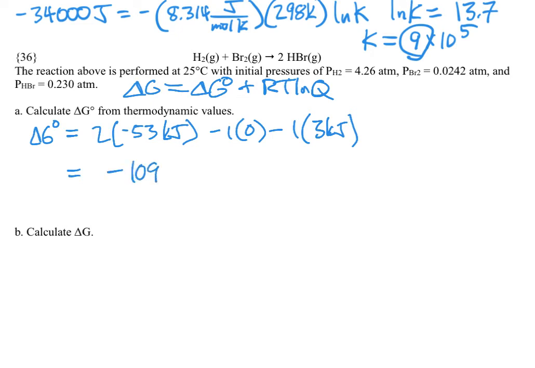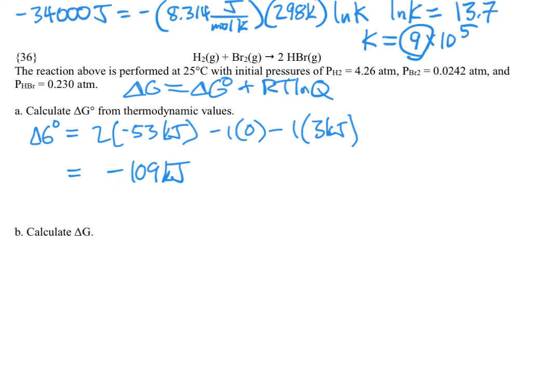So what we now know is that this reaction is going to be spontaneous under typical standard state conditions. Hydrogen and bromine will want to come together to make hydrogen bromide. Now, what is the value of delta G if we have these non-standard pressures? This negative 109 kilojoules is the delta G if all of these pressures were at 1 atm.